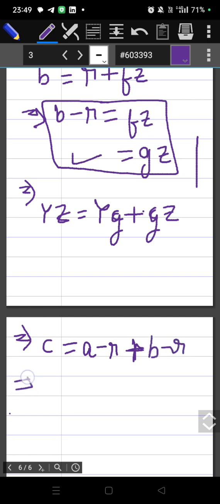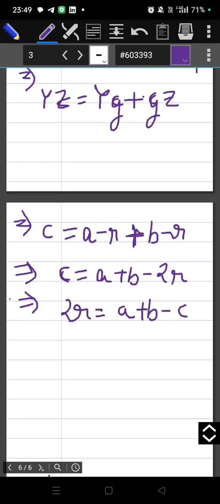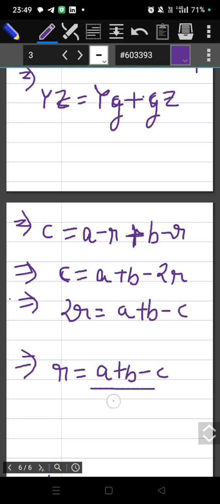So hence, if we solve it, c equals a plus b minus 2r, which is 2r equals a plus b minus c, and here r equals a plus b minus c by 2.